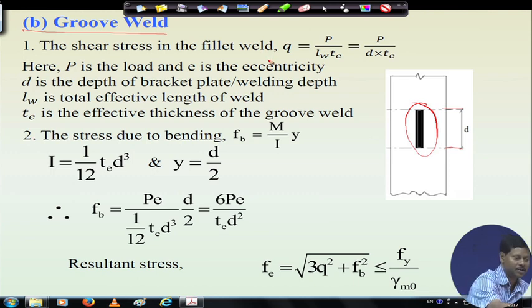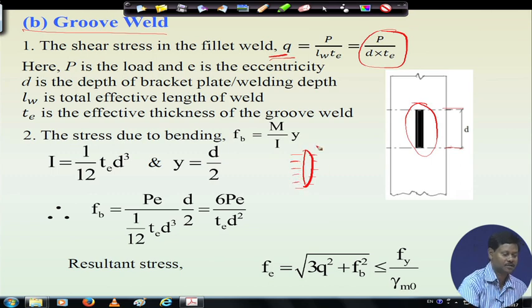You see here Q is P by Lw into Te, that means here P by D into Te, not 2D. In the earlier case what we have seen, we have considered 2D, because in two places, in two sides periphery, the weld joint has been done by fillet weld, but in case of groove weld this will be only D.